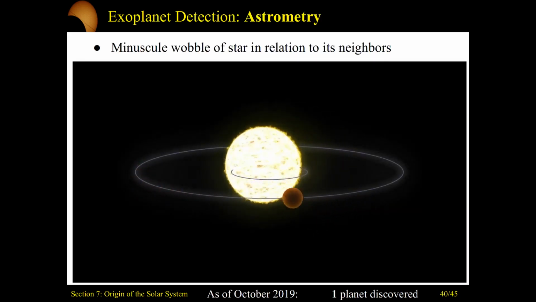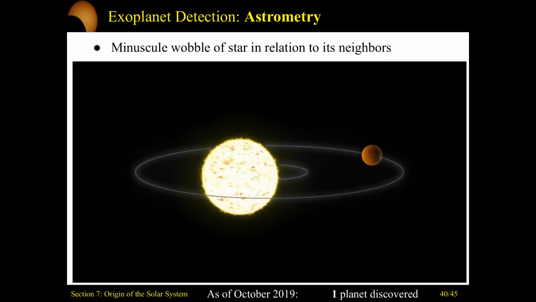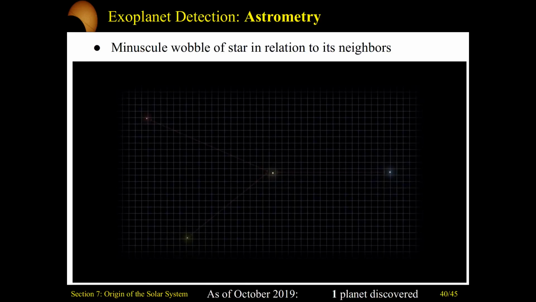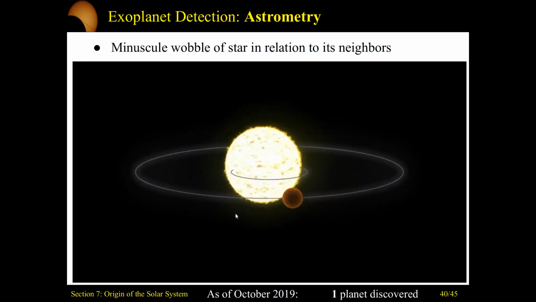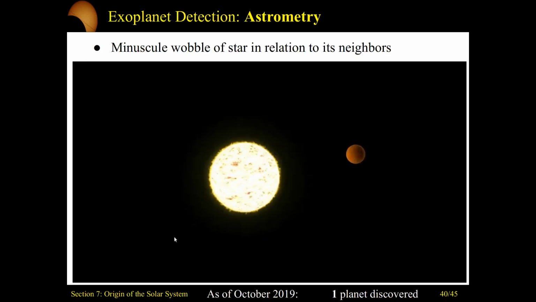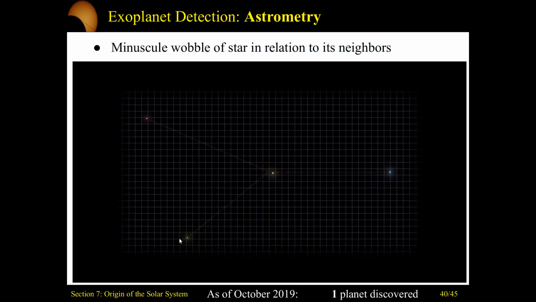Our fifth and final technique we'll discuss in this section is called astrometry. Now, the concept has existed for a long time, but we only recently found a confirmed planet discovered this way. What you're looking at is the star with its planets relative to neighboring stars. So zoom back in. Here's the star with its planet orbiting around it. Remember, they'll have that wobble in their motion.